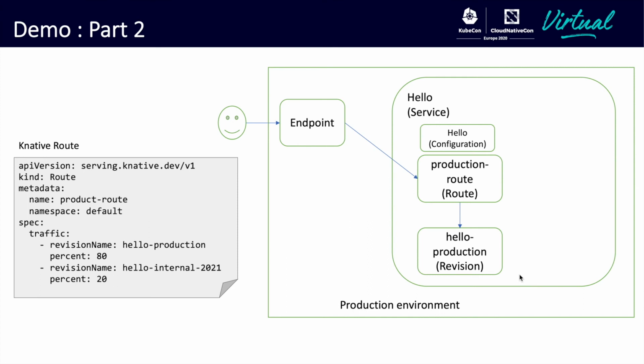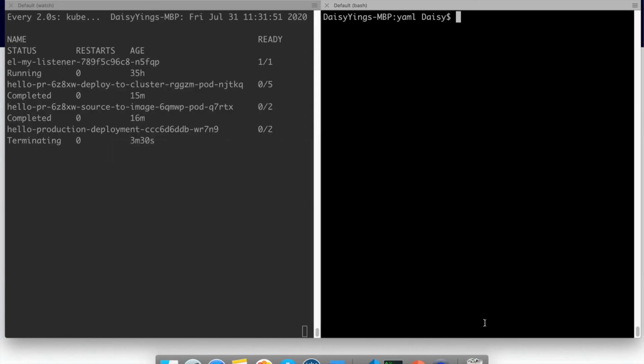We want to integrate the new revision, the new endpoint, into the real production and split a small part of traffic to it and try this new version. We will update the route.